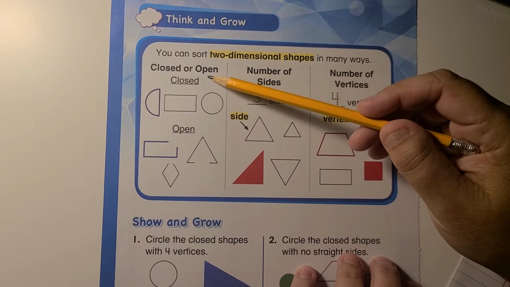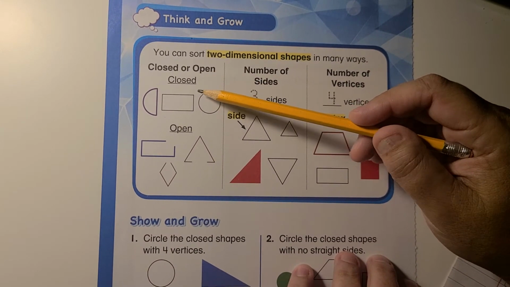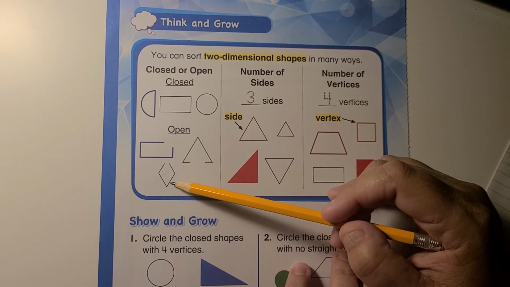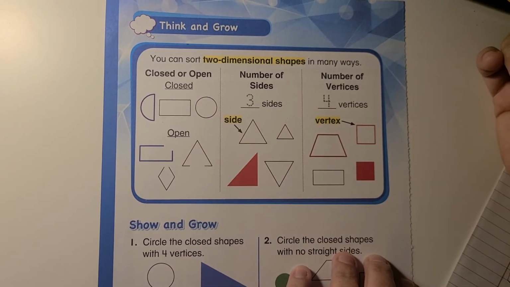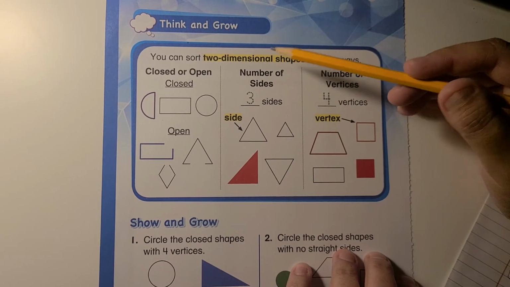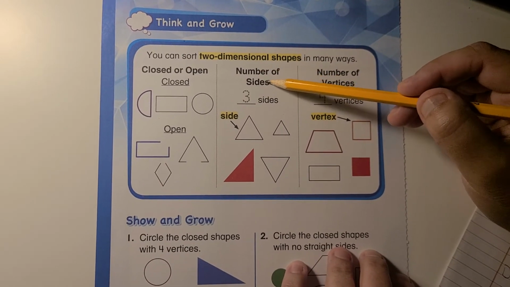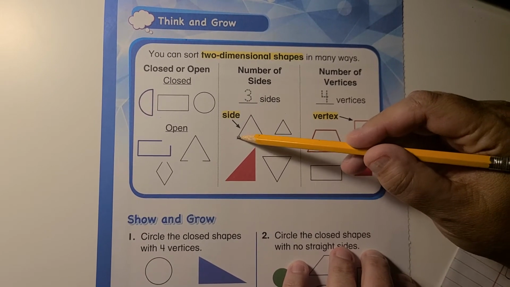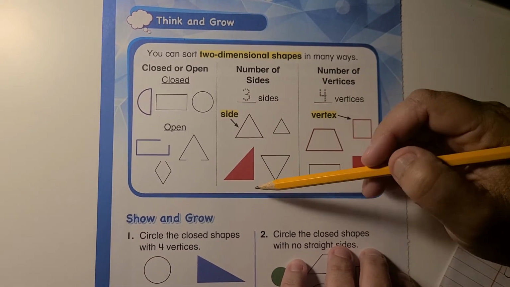So here they have open or closed, and you can see they have 3 closed shapes and 3 open shapes. Over here they sorted by number of sides. And if we look at this, it has 1, 2, 3 sides. I think all of these do.